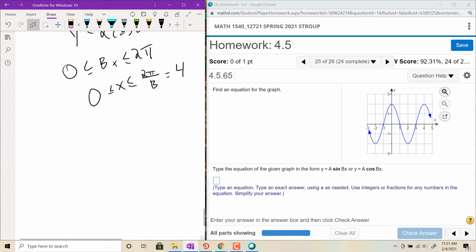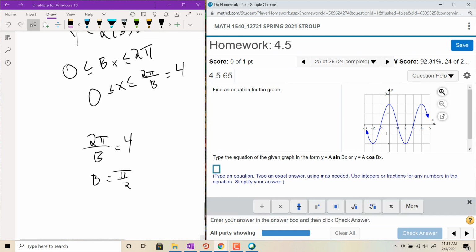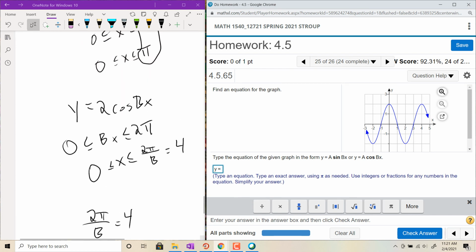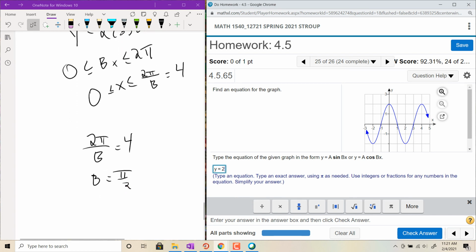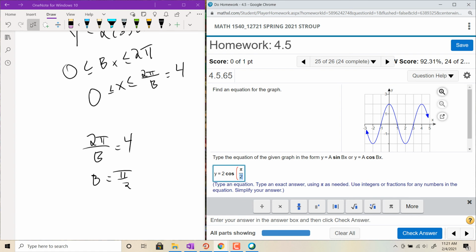So 2 pi over 4 equals b, so pi over 2. And so we have y equaling, what did I say the amplitude was? 2 cosine of pi over 2x.